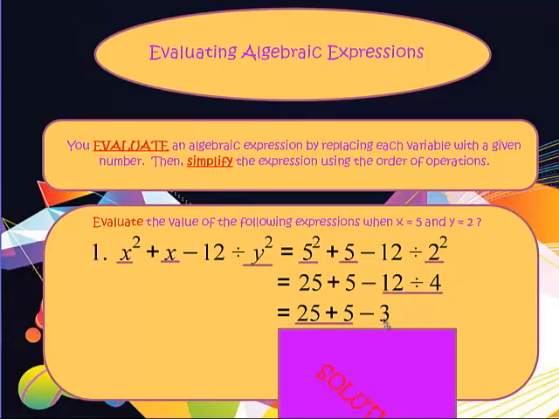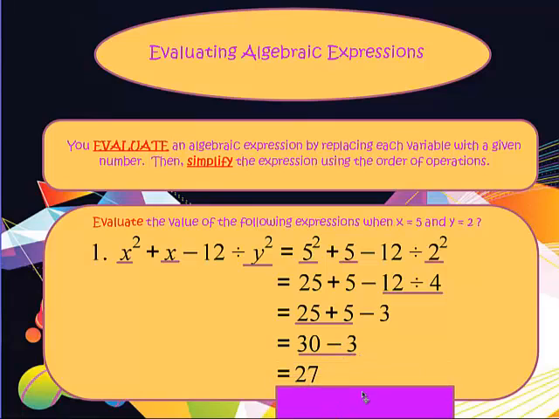So this became this 3 here. Now I have adding and subtracting, so from left to right I want to add and subtract. So first I do 25 plus 5, and that's 30, and then I subtract the 3 from 30, and I get 27.